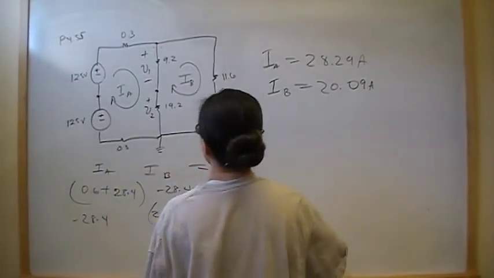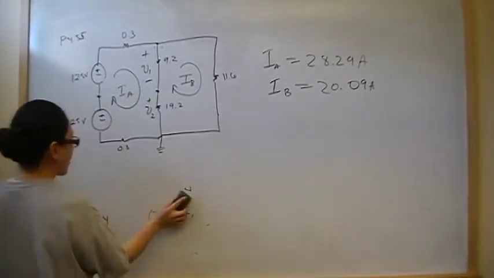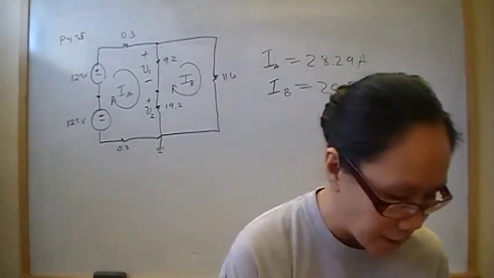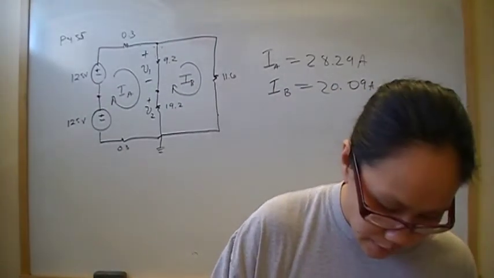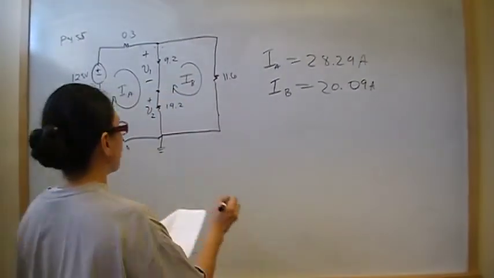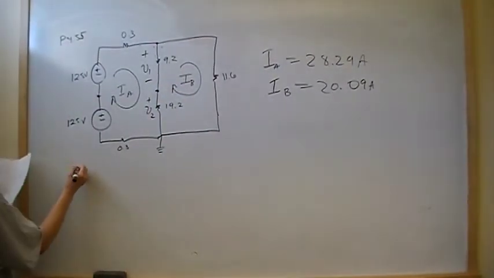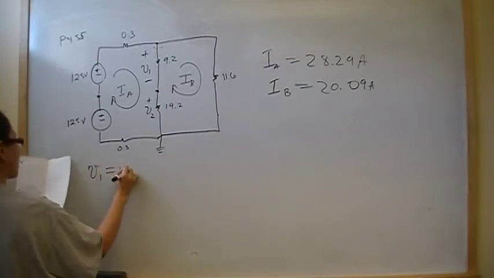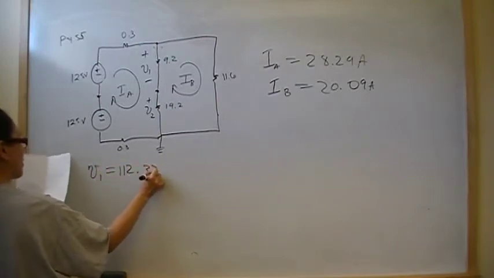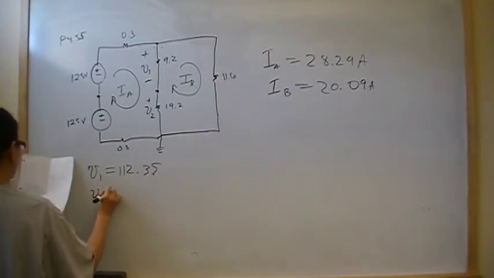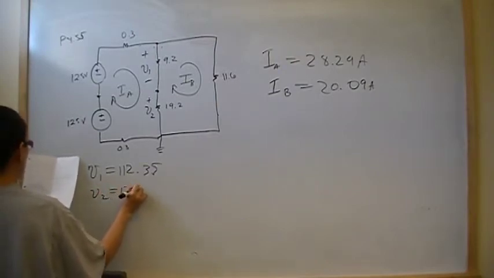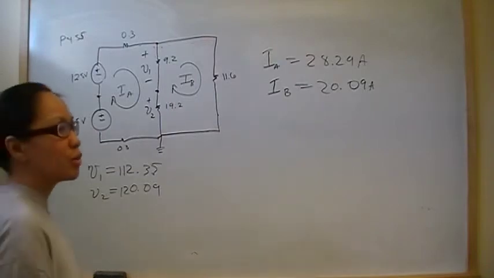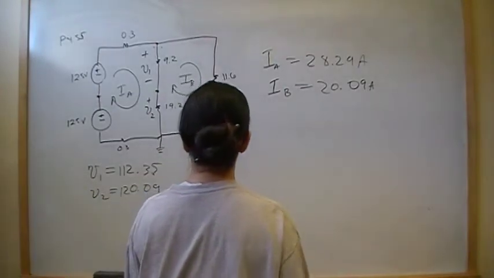So let's compare the original V1 and V2 with the neutral in place. With the neutral in place, V1 was 112.35 and V2 was 120.09. Now, when we remove the neutral, clearly that will change the situation.